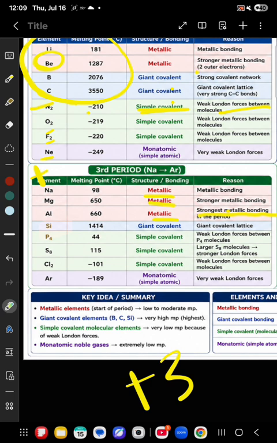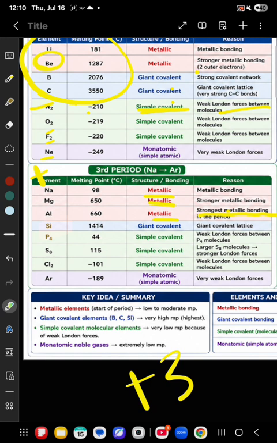After the silicon, there is phosphorus and sulfur. There is a big decrease in melting temperature because phosphorus exists as a simple covalent structure. Sulfur exists as a simple covalent structure. Chlorine has a simple covalent structure, and argon is monoatomic. We know that these are simple covalent structures and they have weak London dispersion forces.